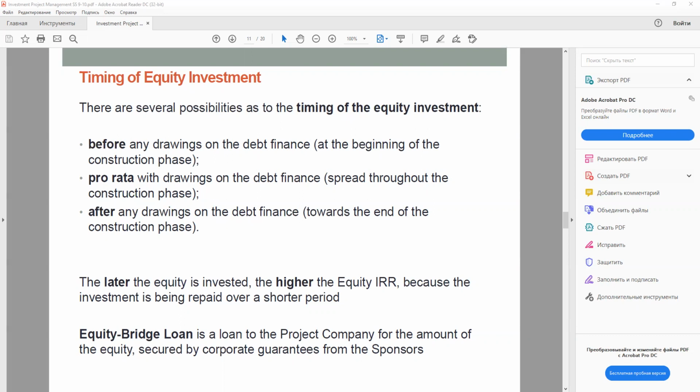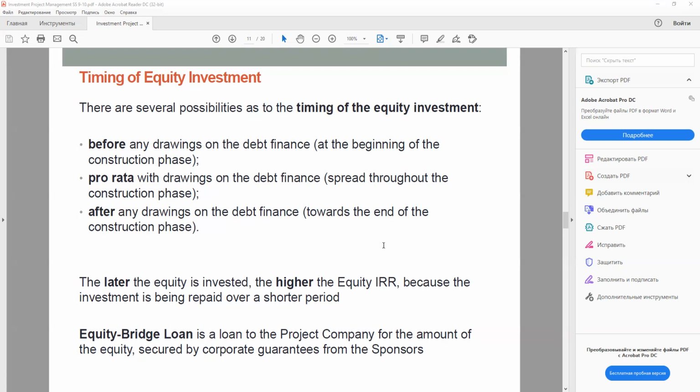So no risk is being taken on the project by equity bridge loan lenders. This loan is used to cover the equity share of the project costs, and at the end of the construction phase, the real equity is finally paid and used to repay the bridge facility. If there is an equity bridge loan, this is usually drawn before any senior debt because it is cheaper.